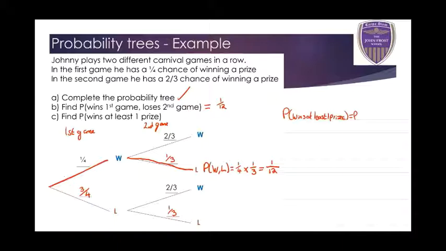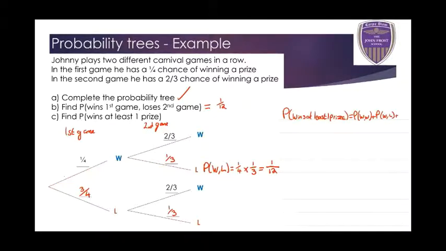So what we're looking for is P. Well, what are the outcomes where he could win at least one prize? Well, he could either win both of them, so PWW. He could either win the first one, then lose the second, so PWL, win then lose.